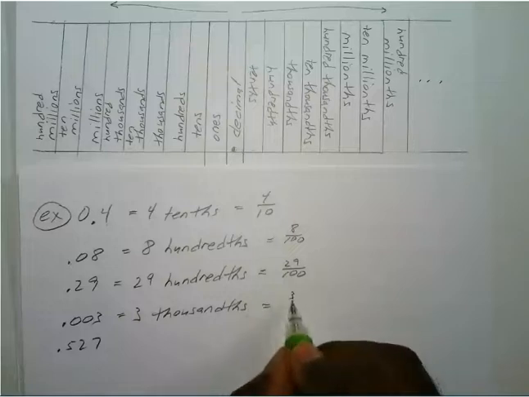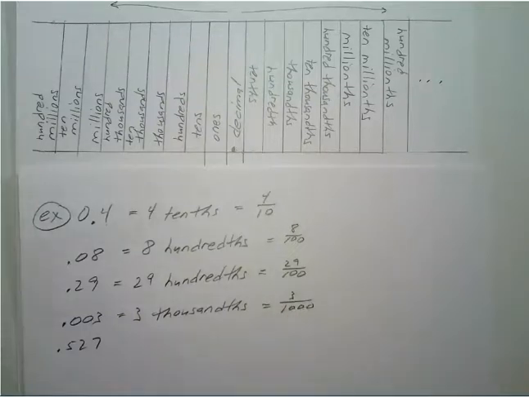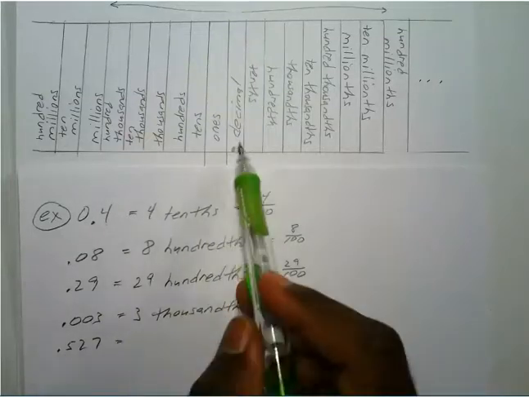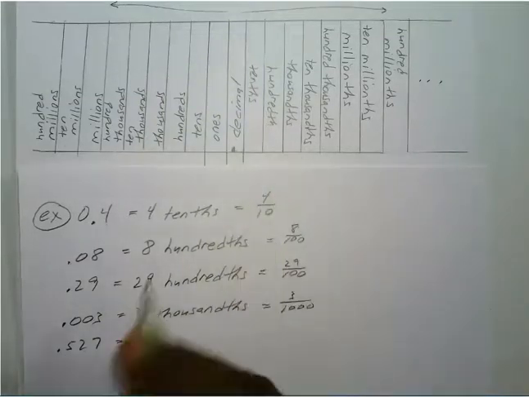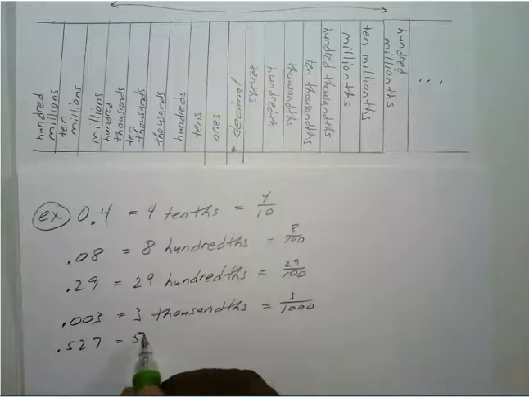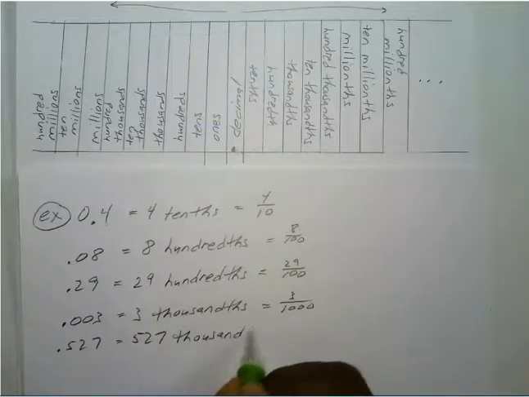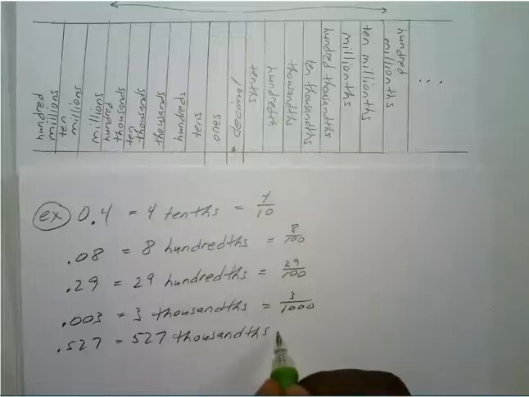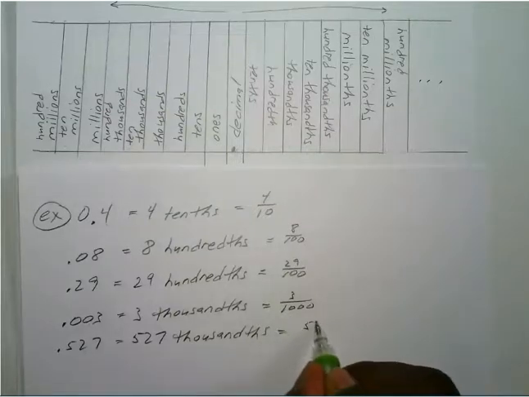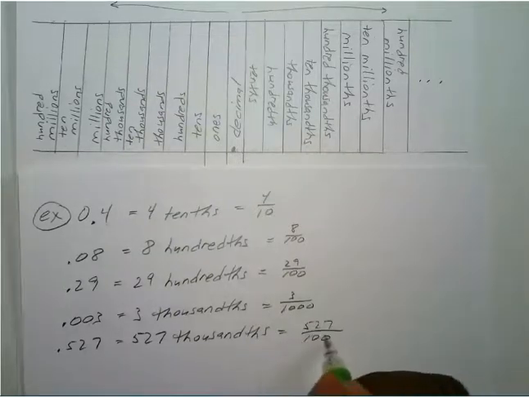You have 3 spaces to the right of the decimal: tenths, hundredths, thousandths. So this is just 3 thousandths, or 3 divided by 1,000. Same thing here, 3 spaces to the right of the decimal. So this is 527 thousandths, which is 527 divided by 1,000.